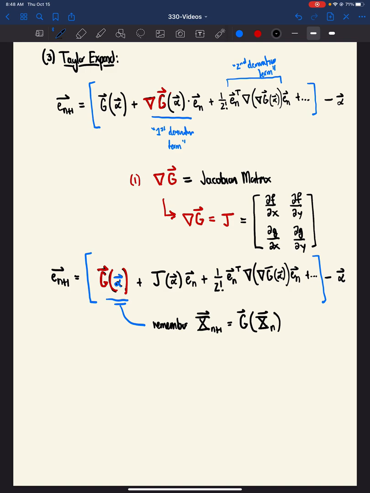So if we're sitting at an equilibrium point, what we actually have when we evaluate that function g at our equilibrium vector, the vector of all our equilibrium points, well, that should just return the equilibrium points back.